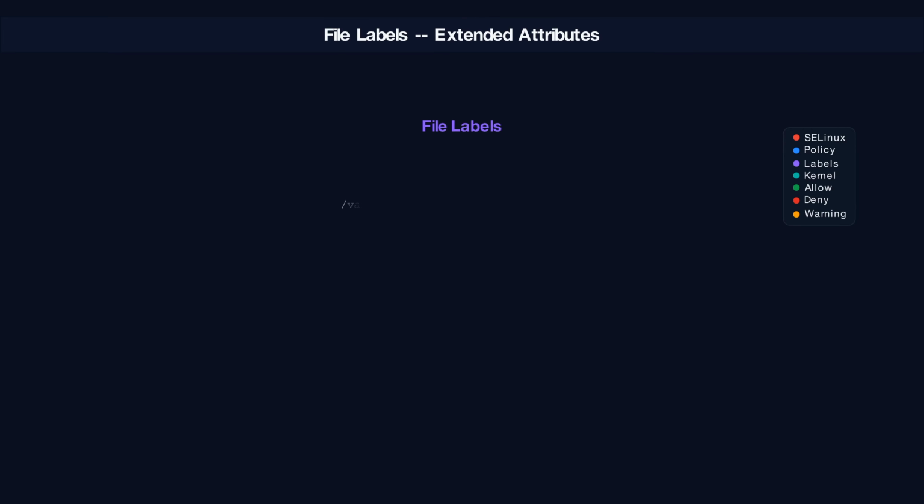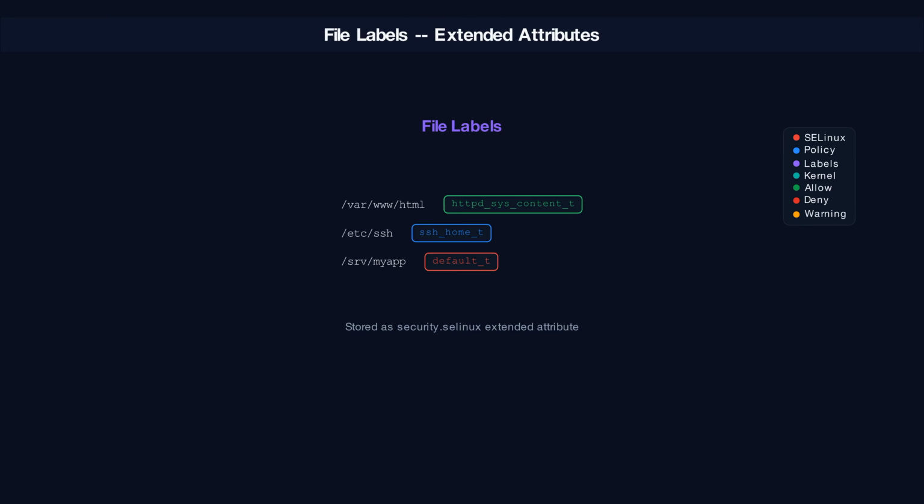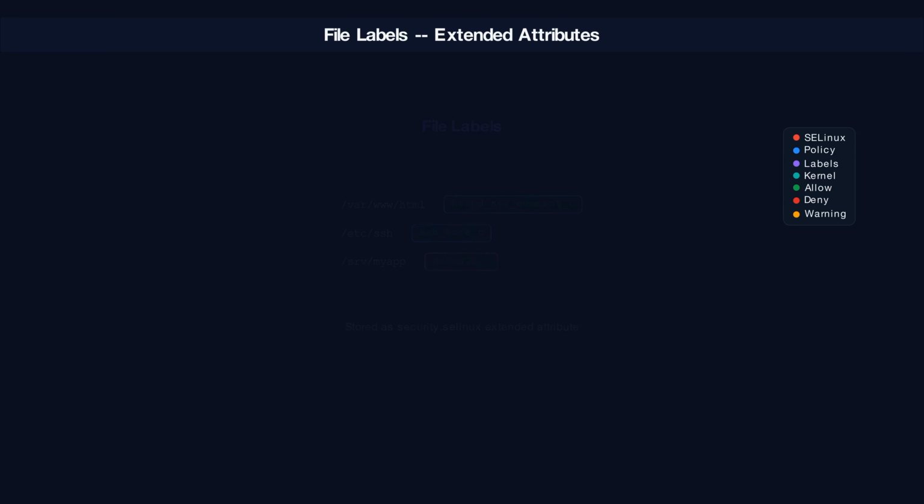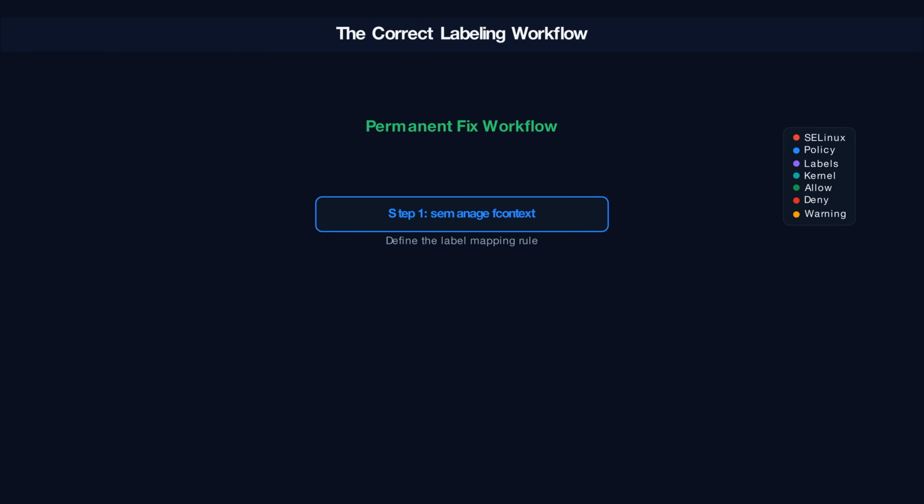File labels are stored as extended attributes on the file system. You can view them with the -Z flag on commands like ls or ps. When you need to fix a file label permanently, the correct workflow uses 2 steps. First, semanage fcontext to define the mapping rule, telling SELinux what label a path pattern should have.